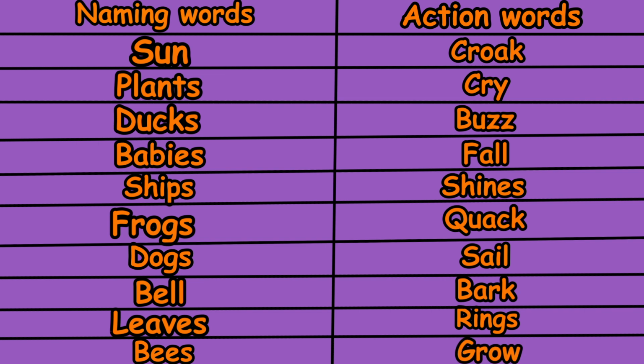So the action words are there on the other side. Now it's time for you all to match. Please read carefully and understand what action the particular naming word does. Let's solve it together.